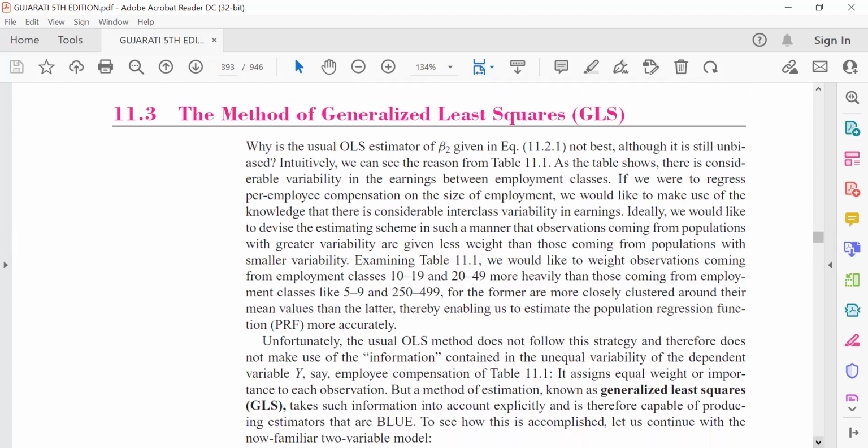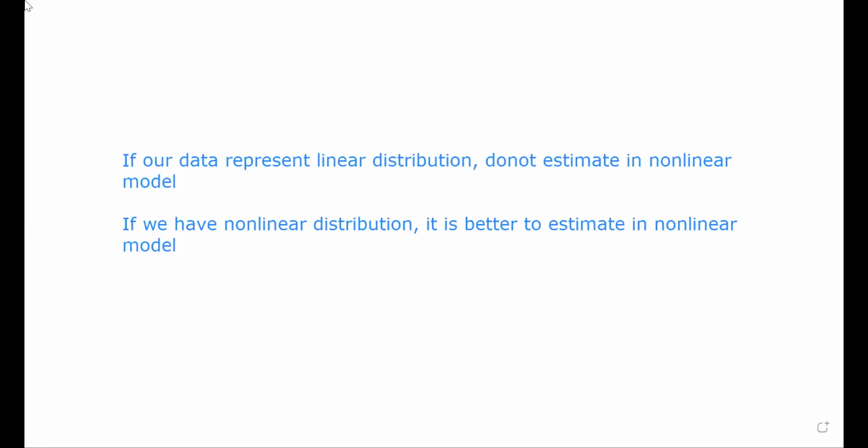So what model can be applied to estimate in the presence of heteroskedasticity? Actually, I don't like to use GLS. I prefer to use WLS, weighted least squares. It is more appropriate in terms of heteroskedasticity.